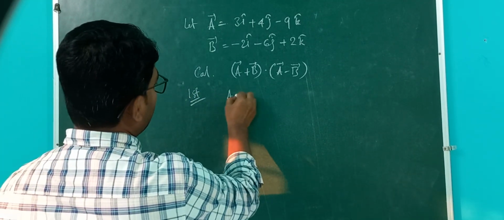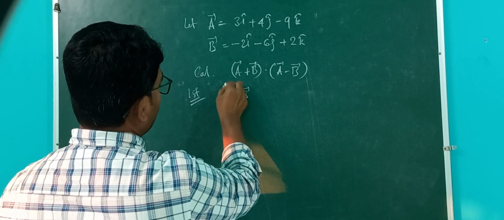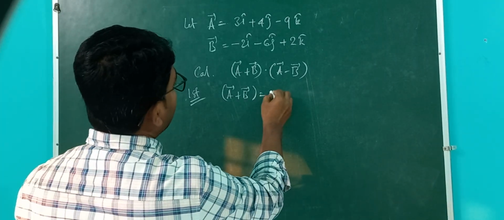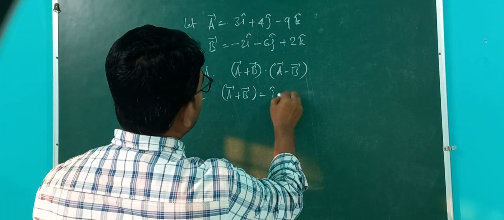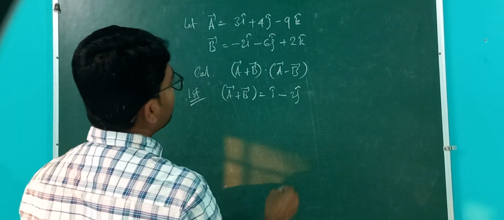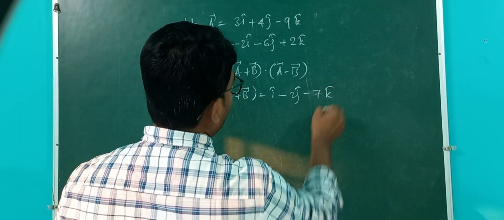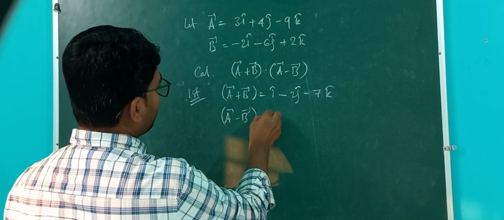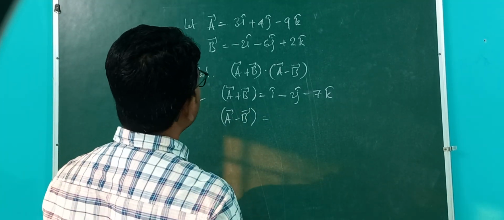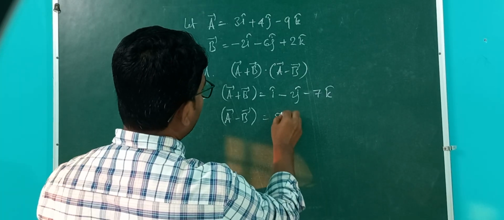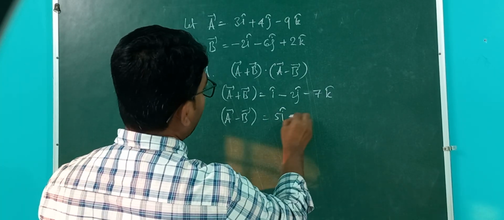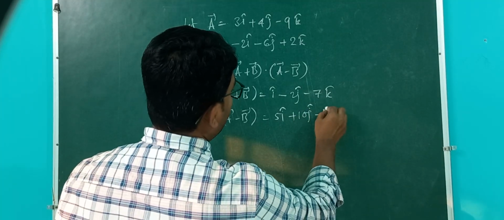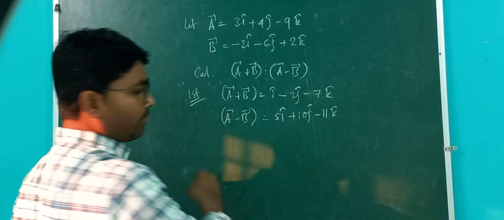What is A plus B? Add component-wise: i minus 2j minus 7k. What is A minus B? A minus B means 5i plus 10j minus 11k.